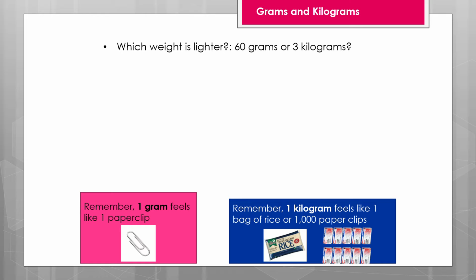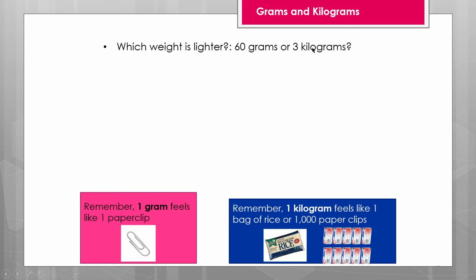Okay, now which weight is lighter? Here we're asking about lighter. 60 grams or 3 kilograms? To find out this answer, first of all, we would see the units. This one is in grams and this one is in kilograms. In grams, it would be 60 as it is. In kilograms, we want to convert it to grams so we can see which one is lighter.